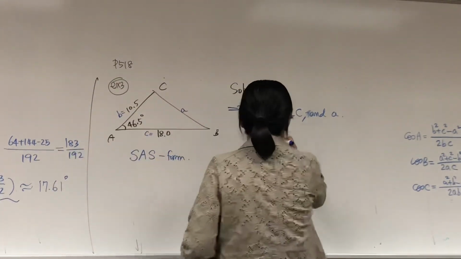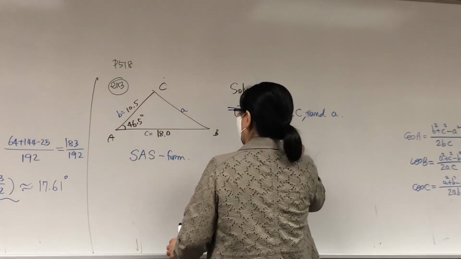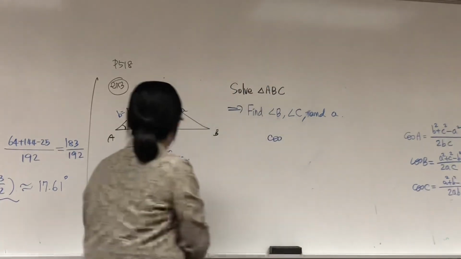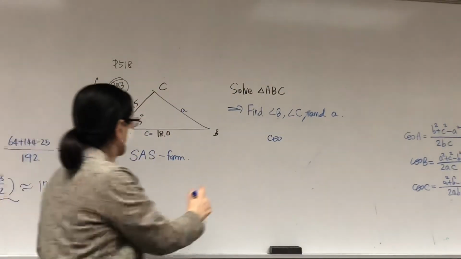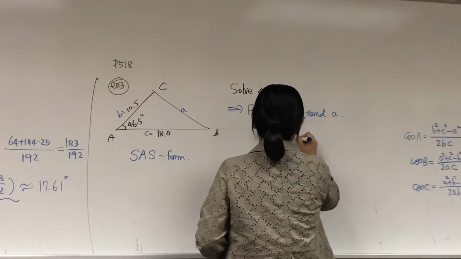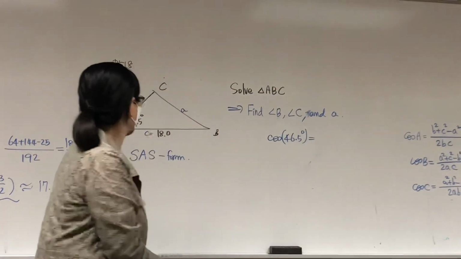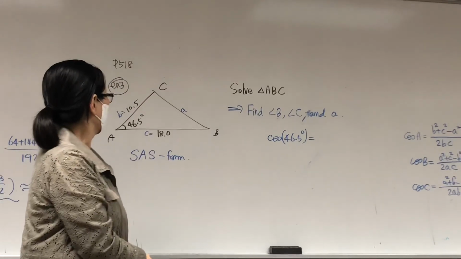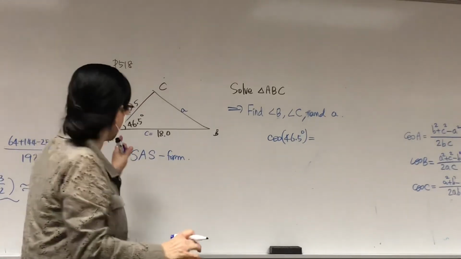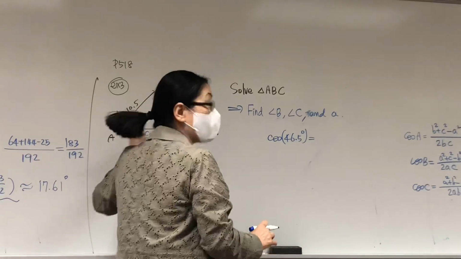So cosine 46.5 degrees equals B squared plus C squared minus A squared, over 2 times 10.5 times 18. You see, because this is BC, so A, right?